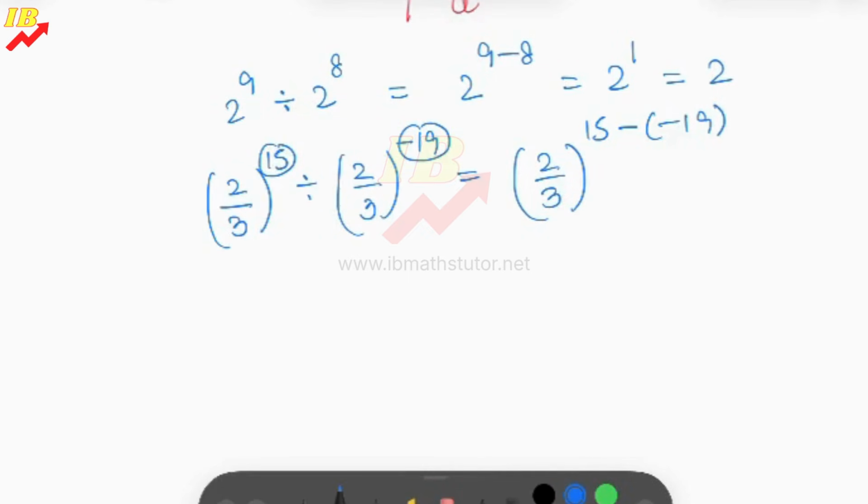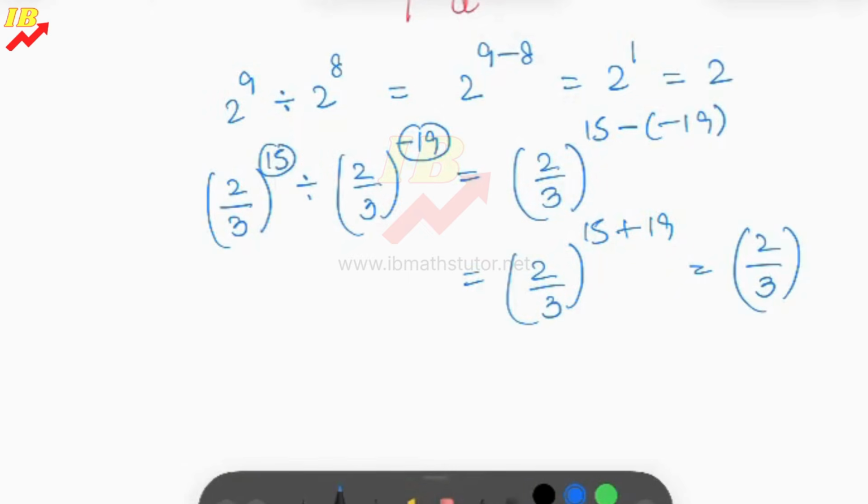So basically 15 and negative 19 are not going to change their sign, but I am introducing one more extra minus sign because of the law. So that means my answer is going to be 2 over 3 to the power 15 plus 19, so 15 plus 19 is 34. So that's your answer here.